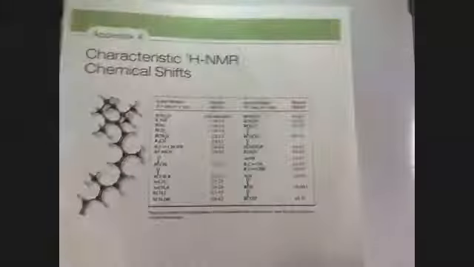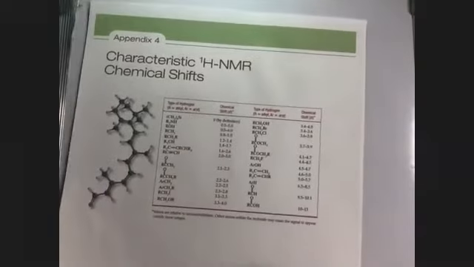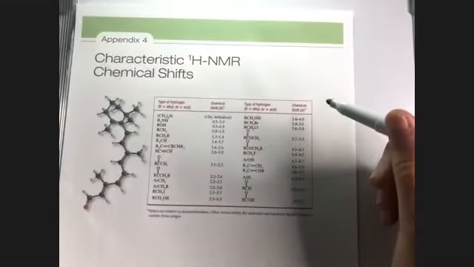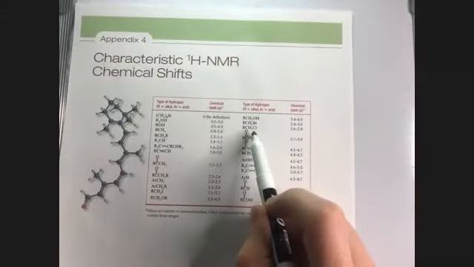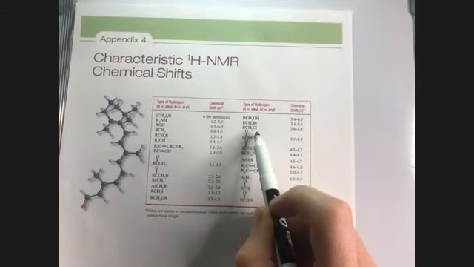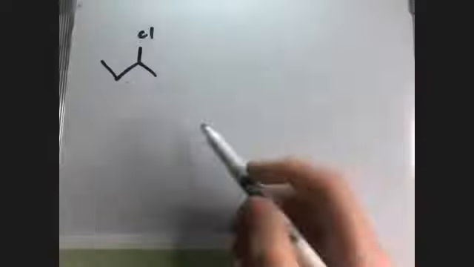Okay, so the only thing we hadn't considered in our representation that we were doing before is the chemical shift. This is where we would need to use our appendix, or once you have these memorized, you'll just remember them and pull them out. But here, what we're looking for is stuff bound to chlorine, because that's the key distinguisher for this molecule, right?